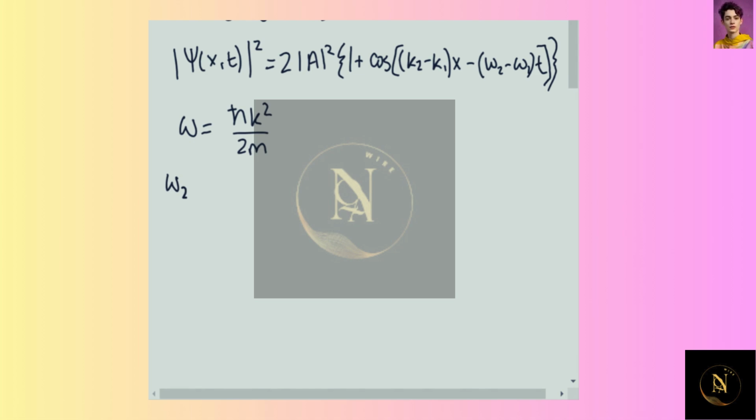Omega sub 2 equals h bar k sub 2 squared over 2m. We're given that k sub 2 is equal to 3k, so we can plug that in. And so now we have that omega sub 2 is equal to 9 h bar k squared over 2m.